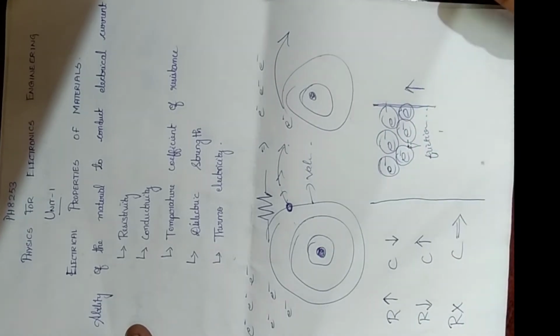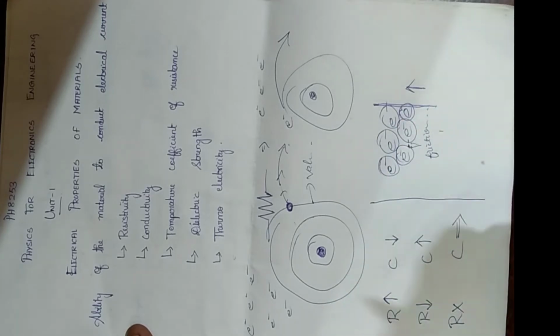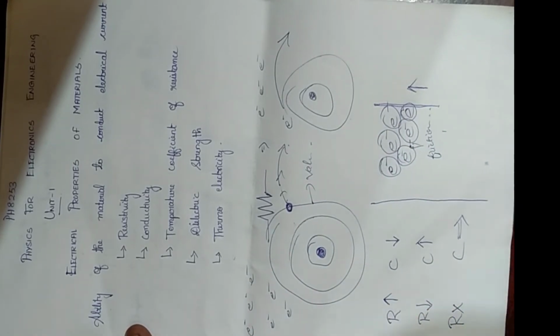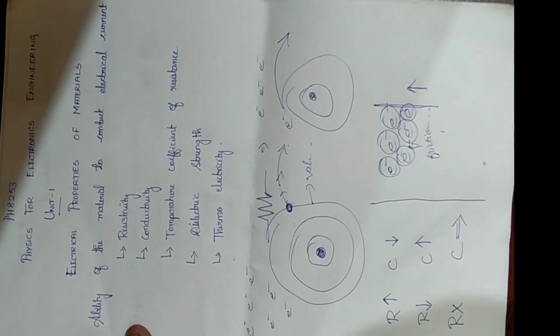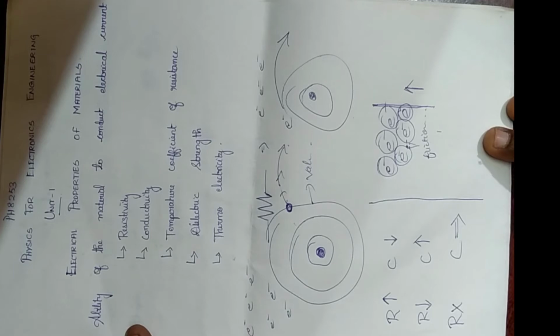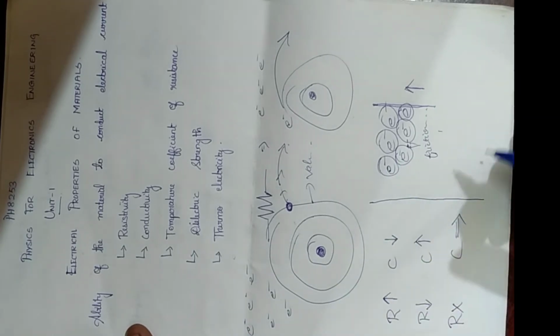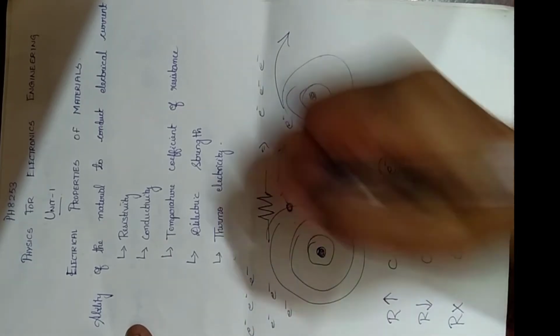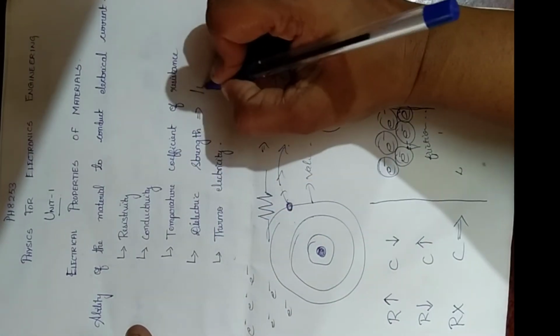The next is dielectric strength. It is defined as the electrical strength of an insulating material. In a sufficiently strong electric field, the insulating properties of an insulator break down, allowing flow of charge. Okay. So, what does dielectric mean?